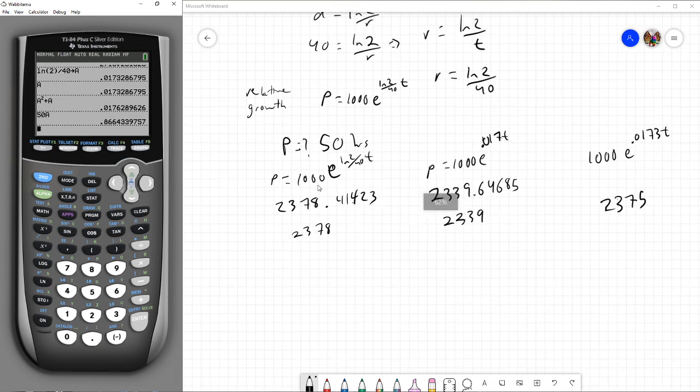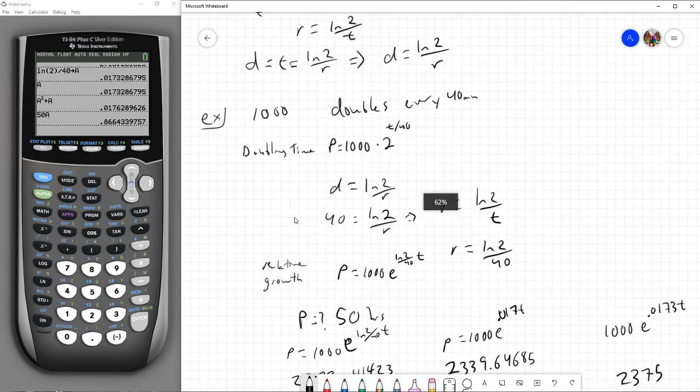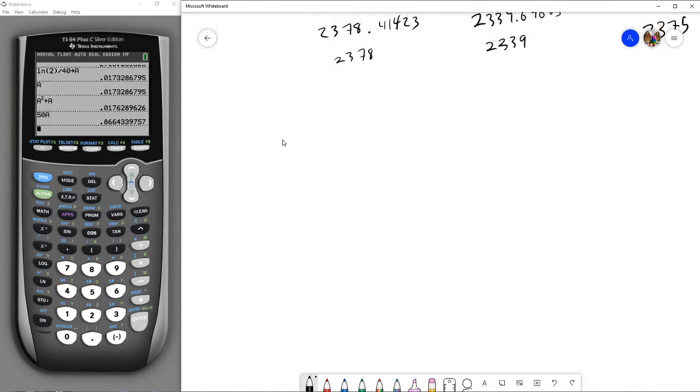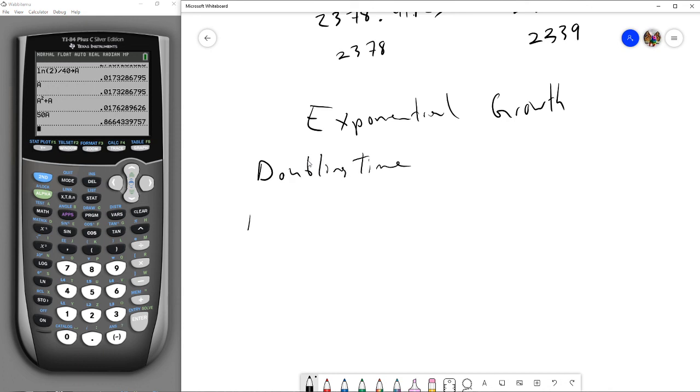So it's very useful to be able to use the memory slots there. I highly recommend it. Well, we have gone long over what our usual video lengths are, so let's go ahead and summarize really quick what we did here today. We looked at exponential growth, and we had 2 models. We had the doubling time, so that was P is equal to P naught 2 to the t over d. And we had relative growth rate.